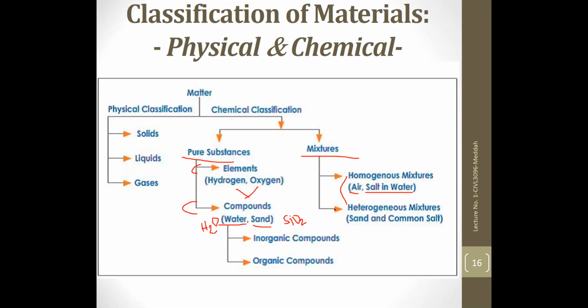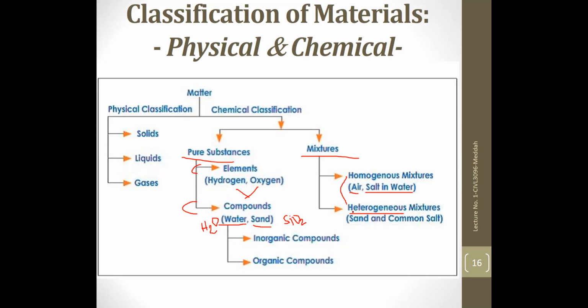But at the same time, you can find another mixture which is in heterogeneous state. Like sand and common salt, if you have a mixture of salt or silt or clay mixed with sand, it is a mixture, but of course you can distinguish between the sand, which is dominated by silica, siliceous sand, and the salt or the silt or the clay.